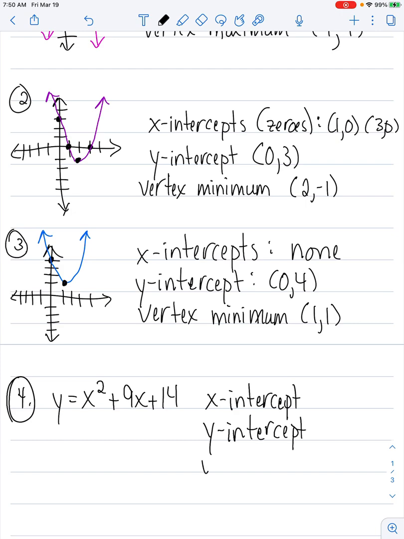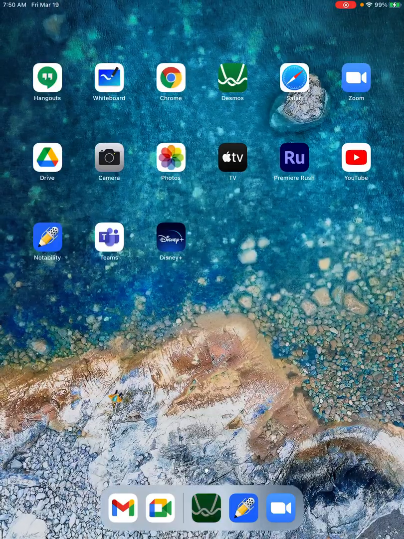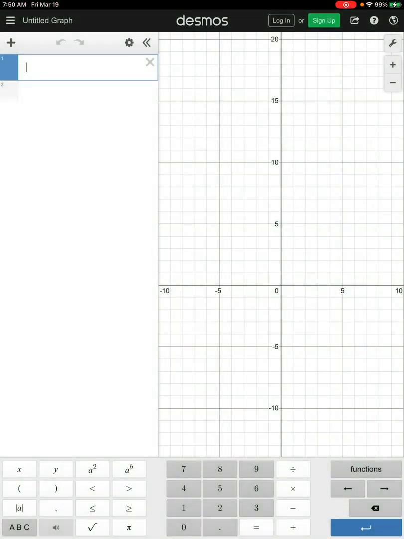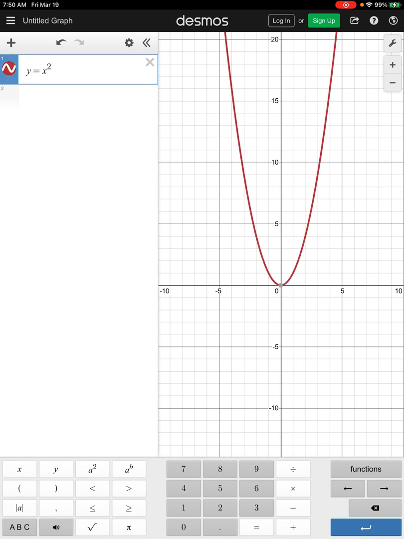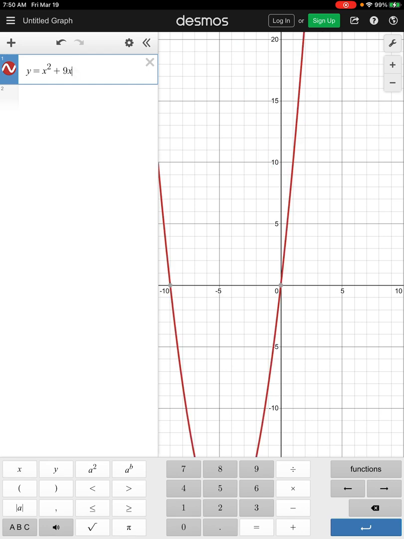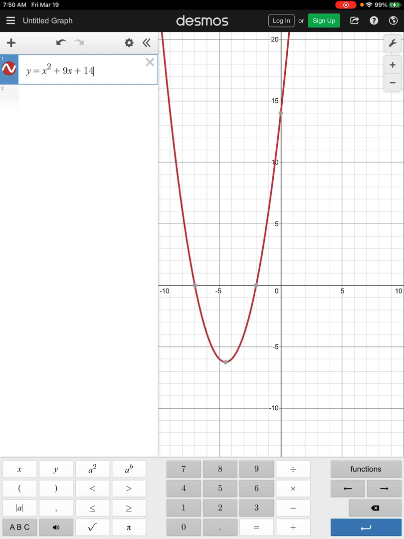And I want you to find the vertex and decide if it's a maximum or minimum and label the point. But I have an equation. However, we have a tool that we can use to graph that equation. So type it exactly as it looks. Y equals x squared plus 9x plus 14, and we can identify those points.